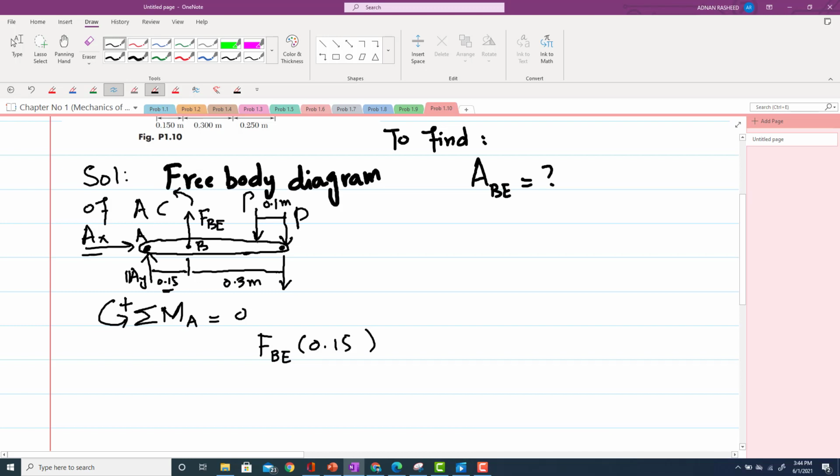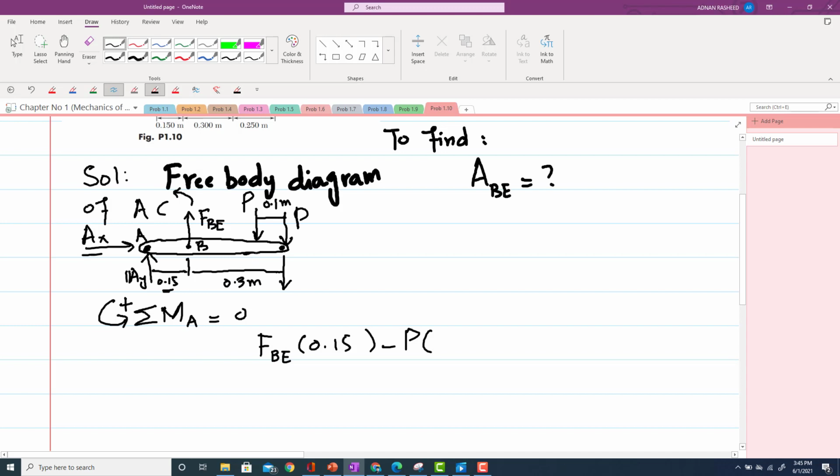Now the second force, this P, is producing a clockwise direction, so that will be minus P into, now how much is the distance?